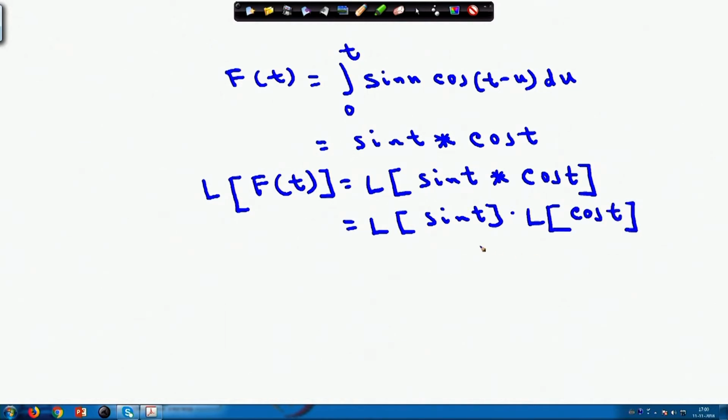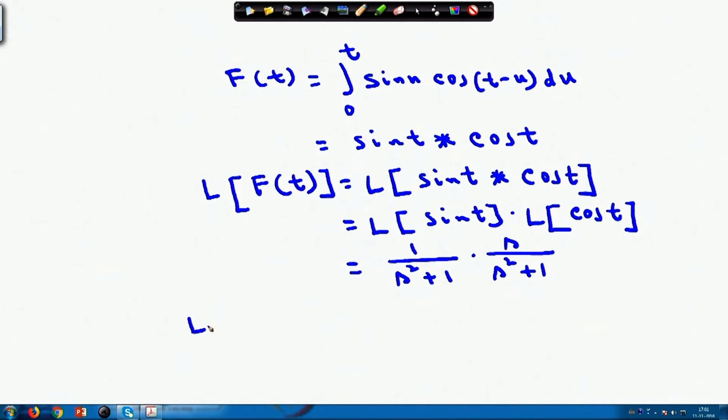So, I can write it like this: 1 by s square plus 1 into s by s square plus 1, where 1 by s square plus 1 is the Laplace transform of sin t and s by s square plus 1 is the Laplace transform of cos t.